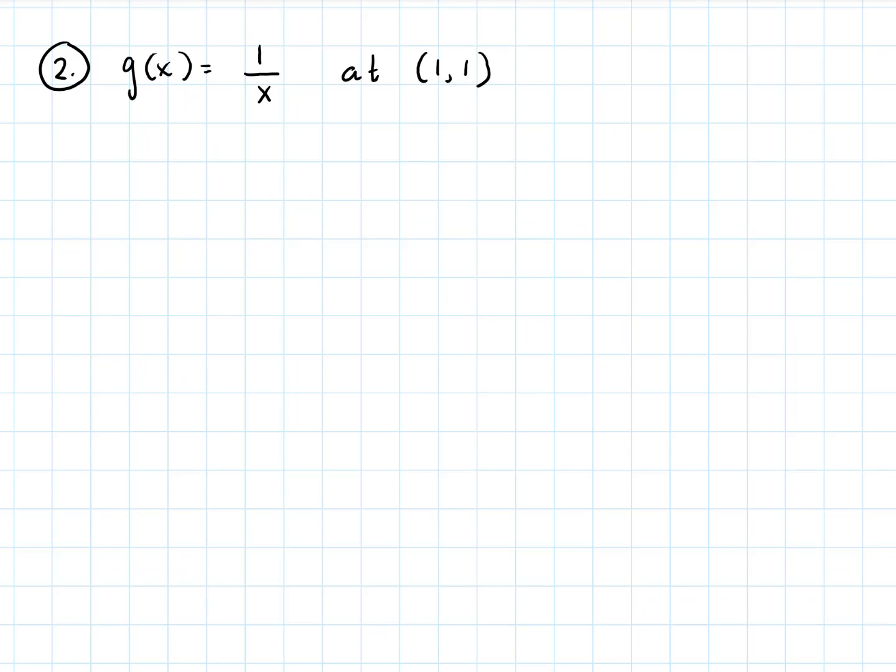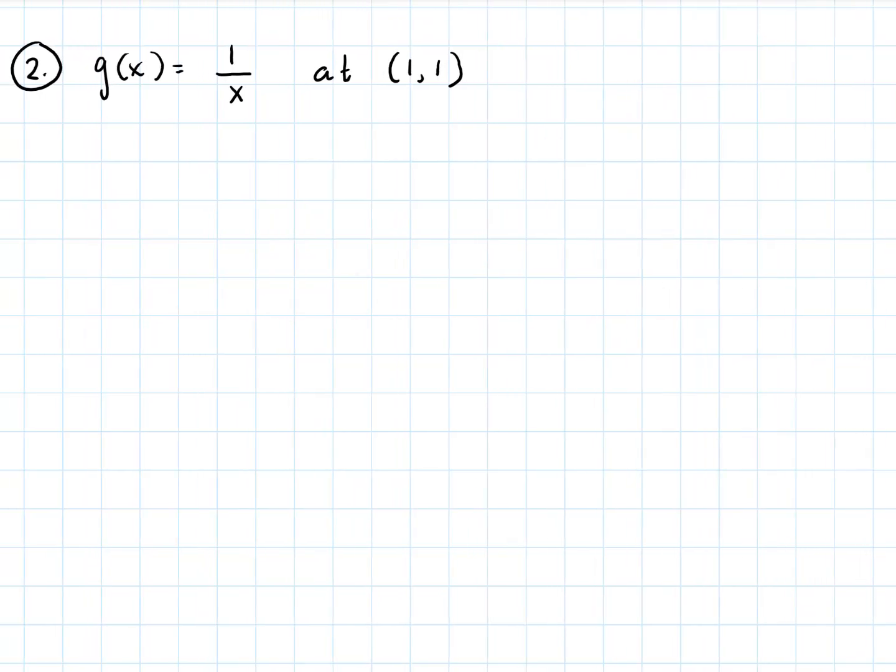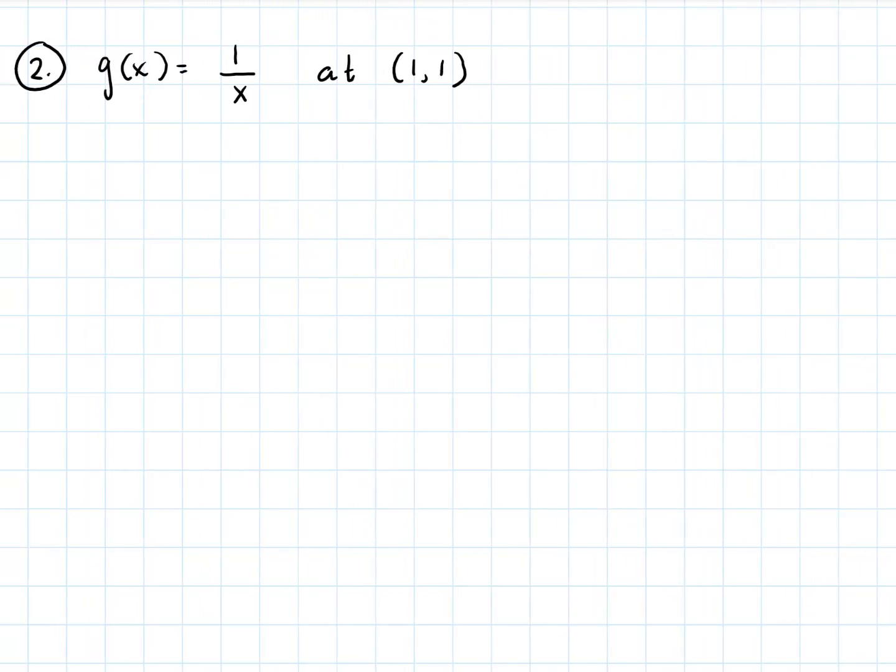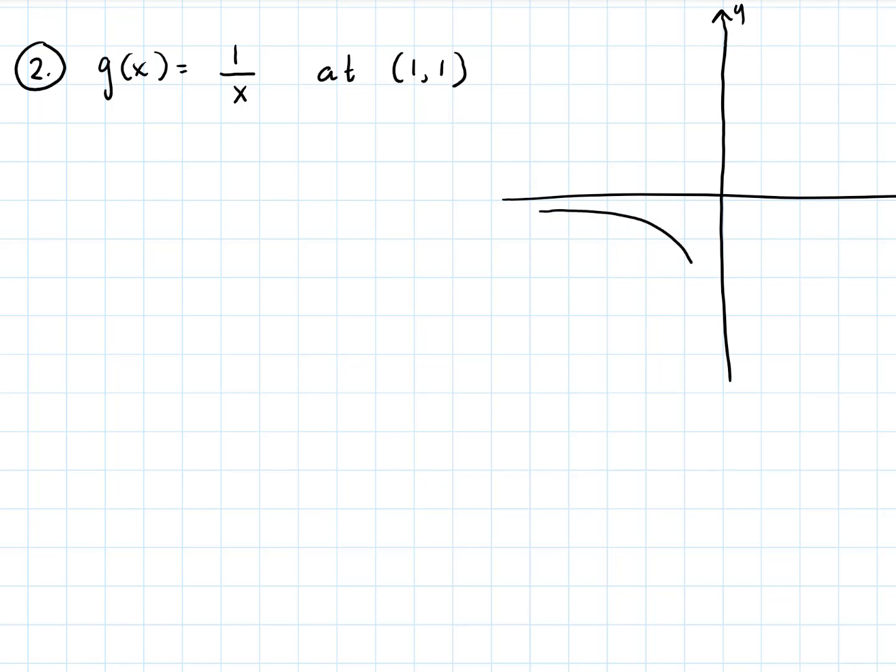Okay, let's finish off with one more example. So if we wanted to look at 1 over x, and again, I grabbed for these first two ones that we should be able to actually just graph if we wanted to, without using technology. We should know what 1 over x looks like. So 1 over x is the rational function with a vertical asymptote at 0, and it has this shape.